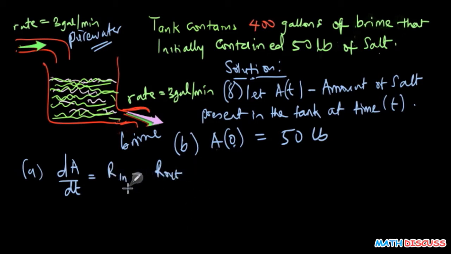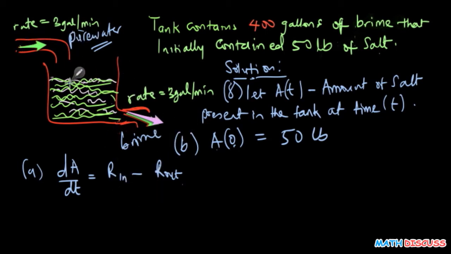So R in here denotes the input rate of salt into the brine, while R out here denotes the output rate of the brine out of the tank. The quantity of water in this tank is neither reducing nor increasing, because as it's going in, it's also going out at the same rate.